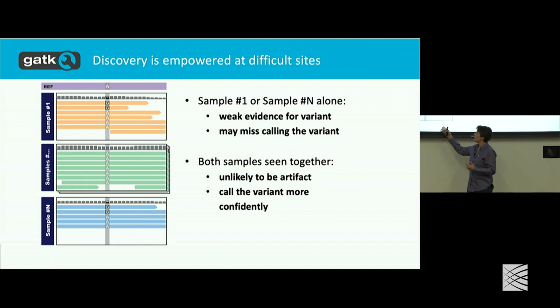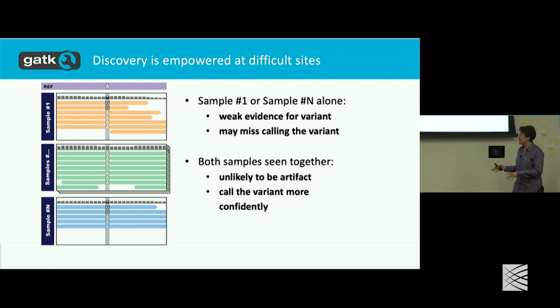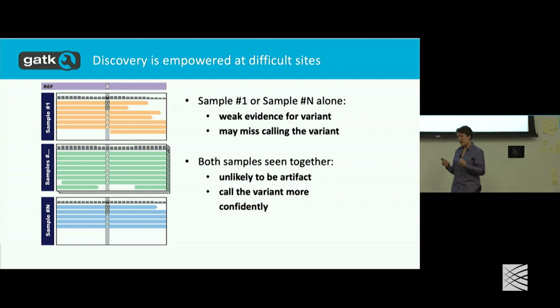It doesn't have to be exactly the same counts, but if we're seeing the same allele also represented in there, then that raises our confidence, because it's more likely that it's actually a variant present in the population as opposed to an artifact that manifests in exactly the same place in the same way in unconnected samples. And so that's one of the reasons why we want to look at multiple samples when we're doing the germline calling.